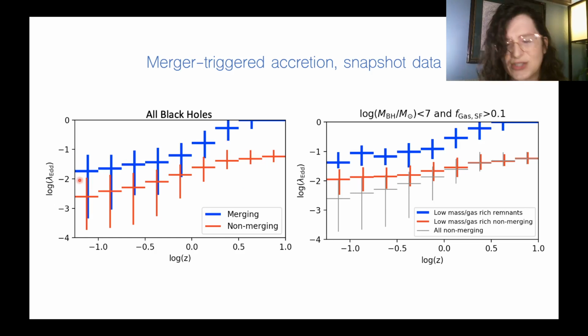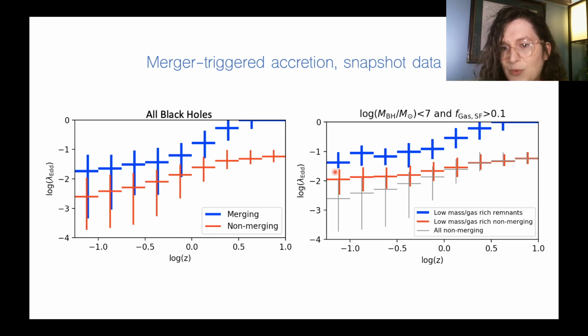So the question that we asked ourselves right away was, are there any subpopulations of black holes which exhibit a separation throughout all of cosmic time? And we ran the numbers, and what we came away with was that if we look at small supermassive black holes, so small for the simulation, less than 10 to the 7 solar masses, in gas-rich environments, those supermassive black holes, you'll notice, exhibit an enhancement all the way down to low redshift, as noted by an offset in the IQRs of those bins.